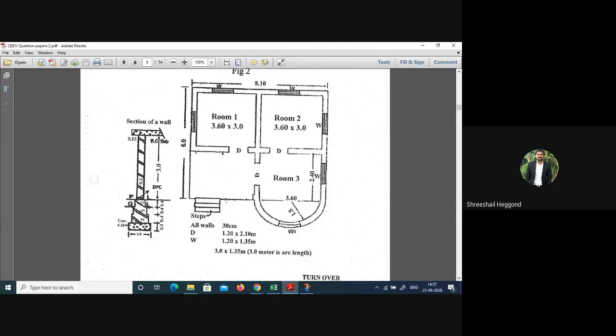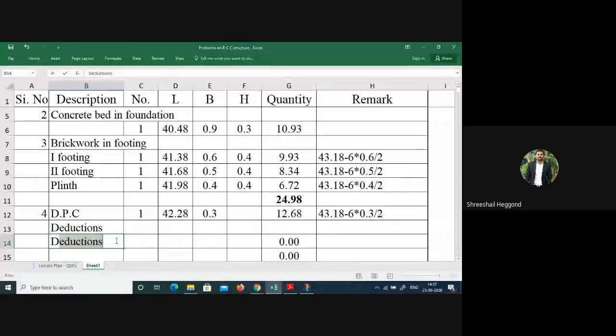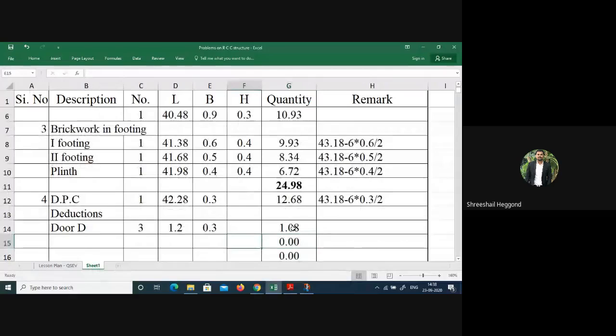For that wall also you need to deduct the DPC. So doors, 3 number, doors of D variety, 1.2 by 0.3. Quantity will be 1.8.